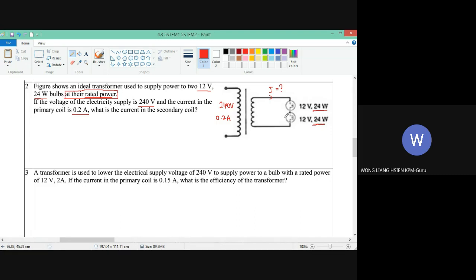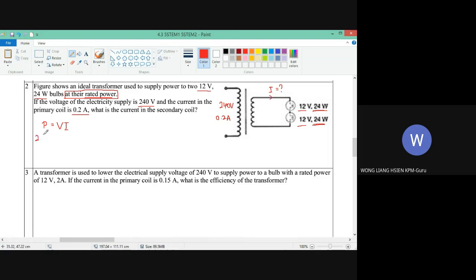If the bulb gets 24 watt, this also means that the bulb gets 12 volt. So with this information, we can already calculate the current of the secondary coil because power equals voltage times current.